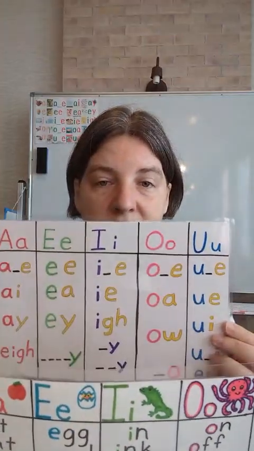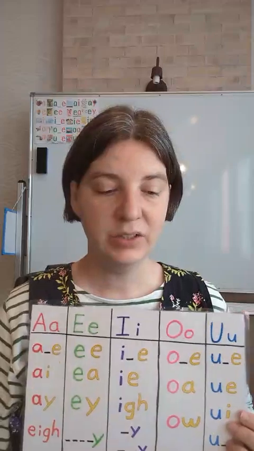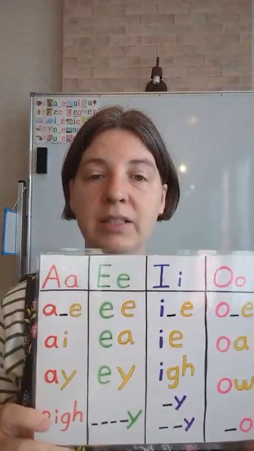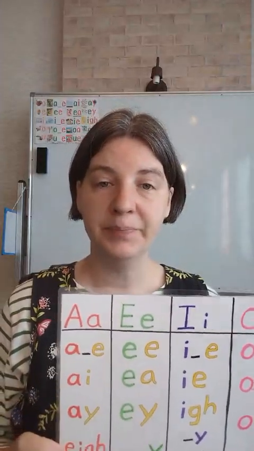So we have long sound vowels and short sound vowels. Okay, so first I'm going to be talking about the long sound vowels. The long sound vowels means that it says the same name as the name of the letter.